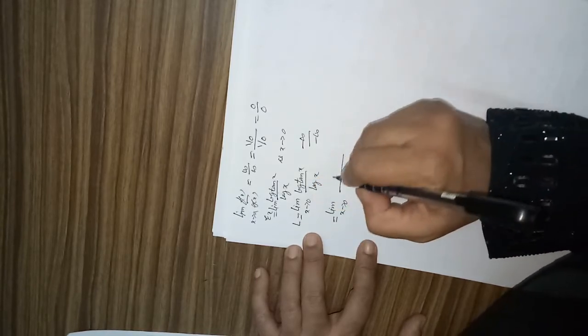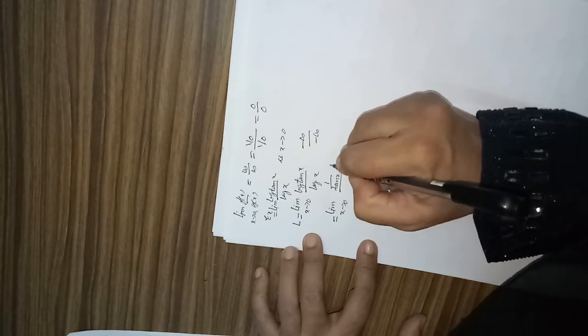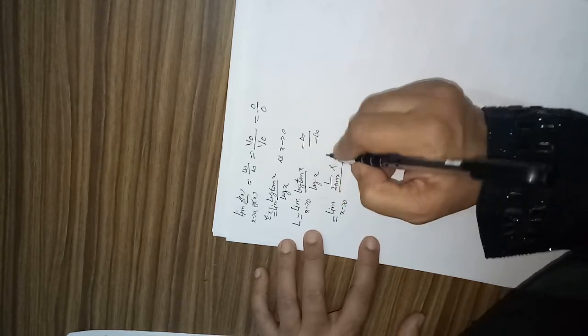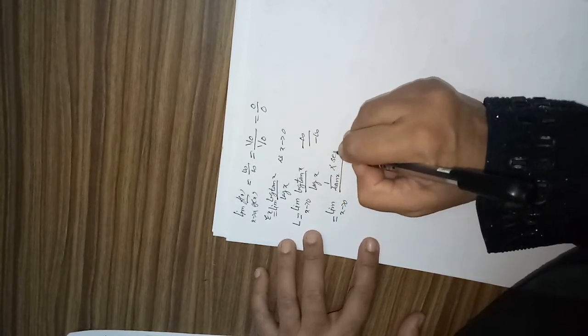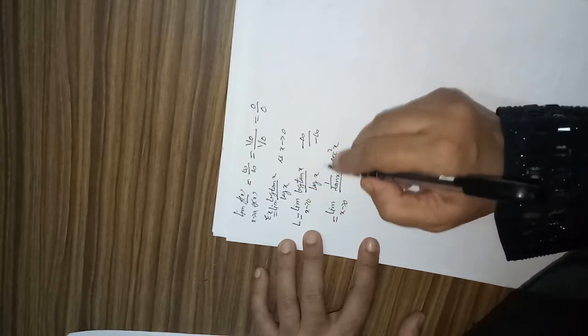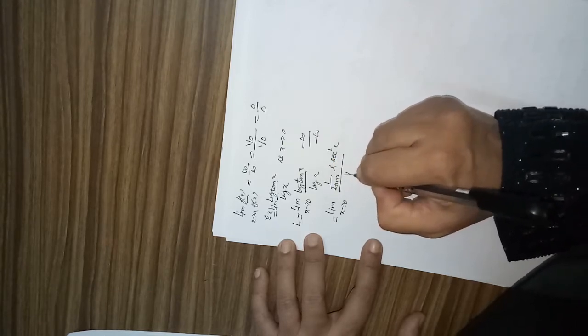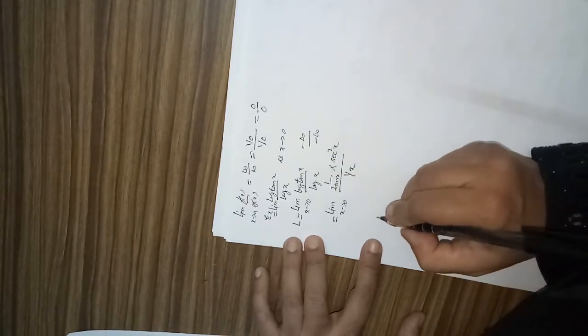Derivative of log is 1 upon, that means 1 upon tan x, into tan x derivative is secant square x, the derivative of the numerator, over the derivative of the denominator, which is 1 upon x.